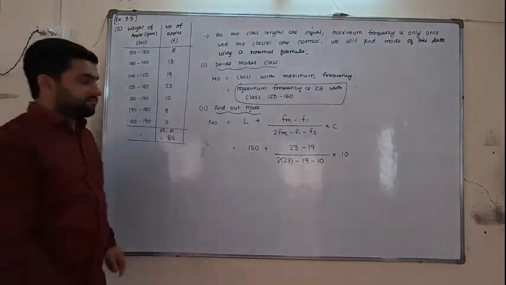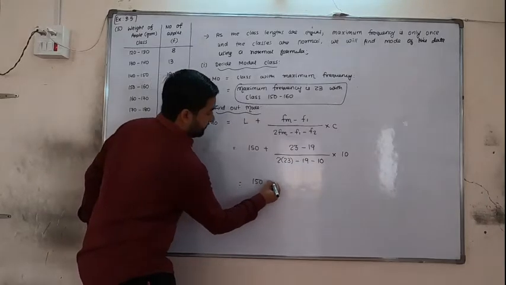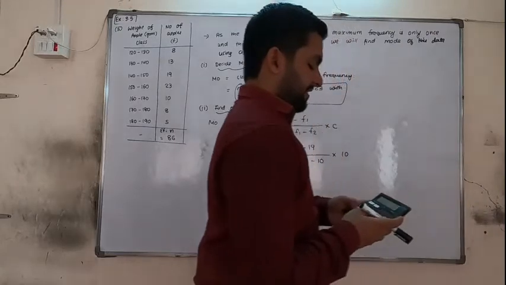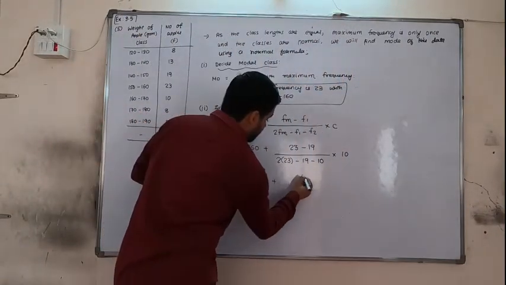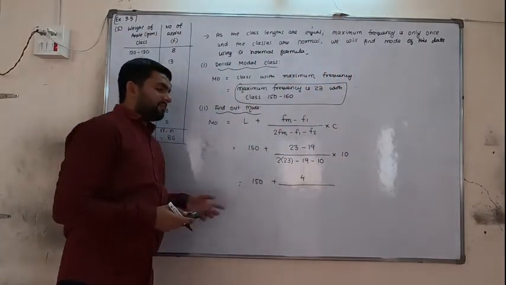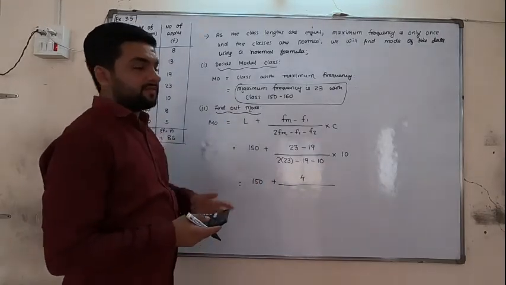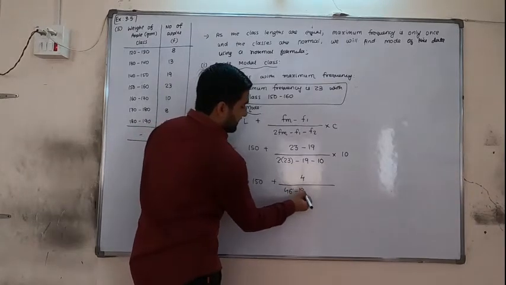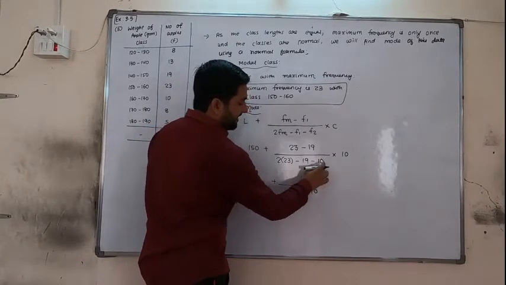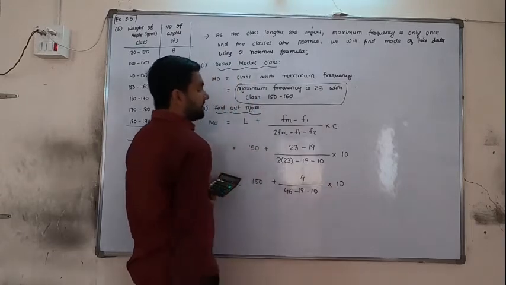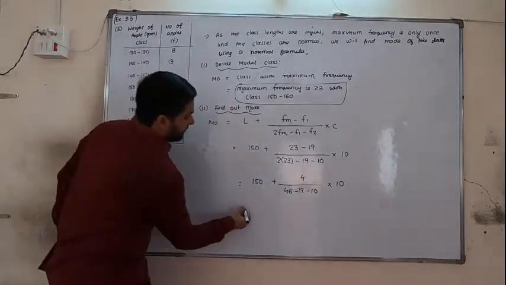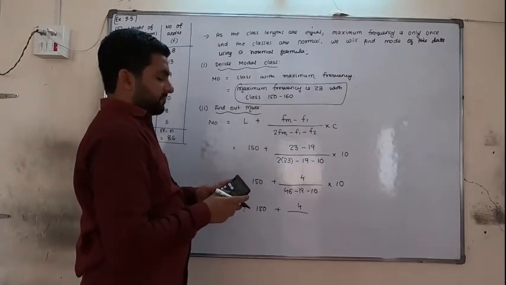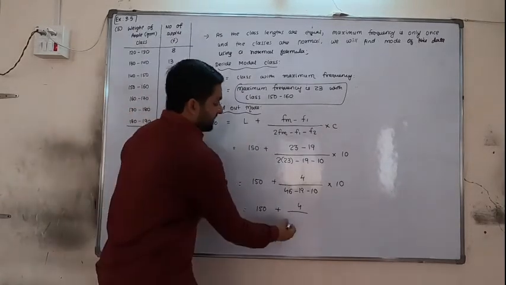Now be careful in solving this. 150 plus 4, we count 23 minus 19, that is 4. Now see, don't make a mistake, please solve it using one more step. 23 into 2, 46, minus 19 minus 10, don't solve it whole now. Let it be there, into 10. So 150 plus 4 divided by, now 46 minus 19 and minus 10, do it together only.